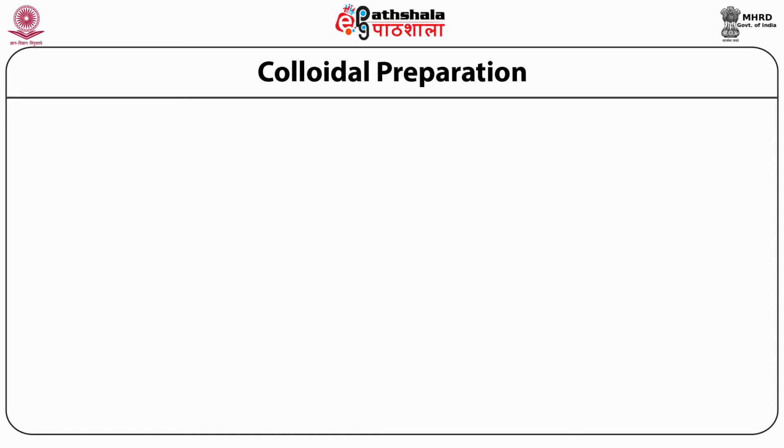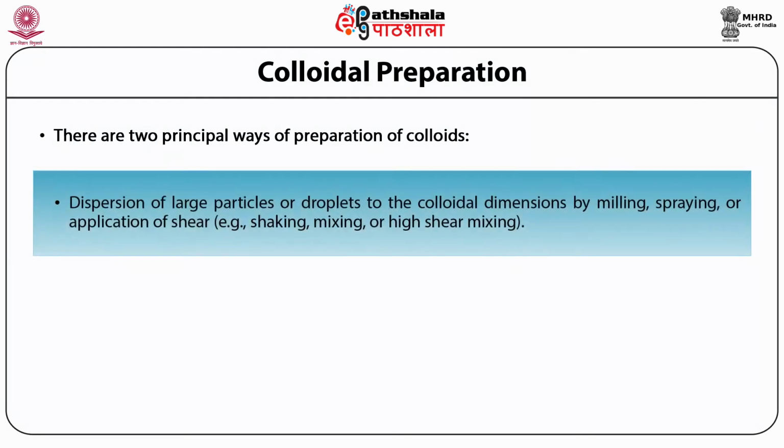Now comes colloidal preparation. There are two principal ways of preparing colloids. The first is dispersion of large particles or droplets to the colloidal dimensions by milling, spraying, or application of shear, for example shaking, mixing, or high shear mixing.